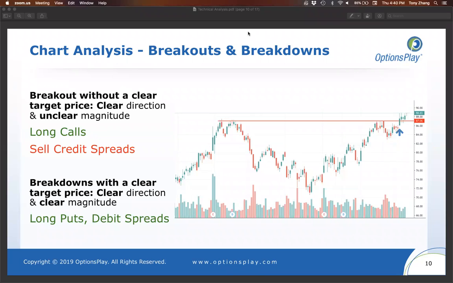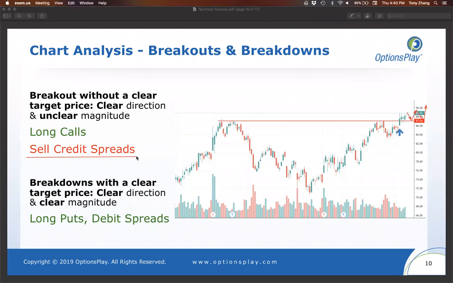Now, if on the other hand the stock breaks out above a resistance level, but you're not overly bullish, but you're pretty sure that it's not going to go back below that level, and you think that maybe it'll just bum around this level and maybe move a little higher, then you can sell a credit spread.